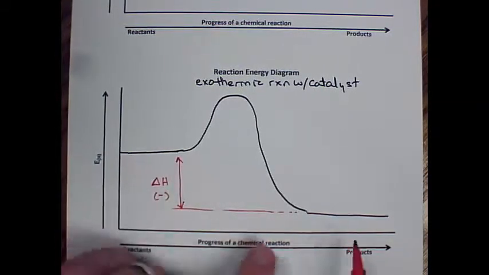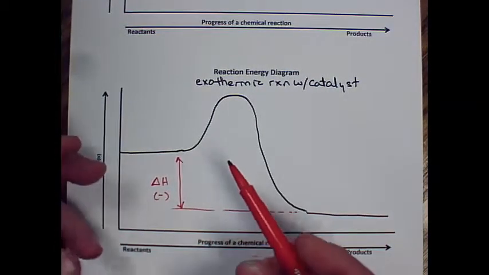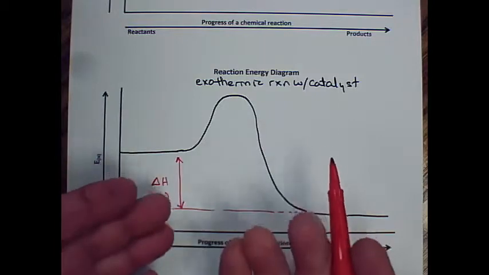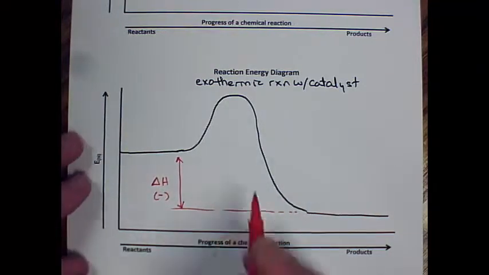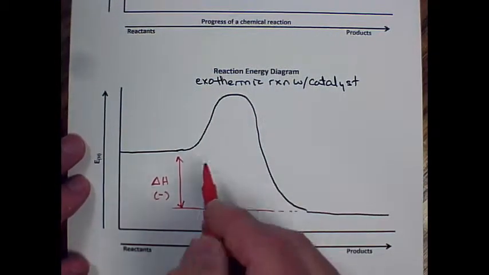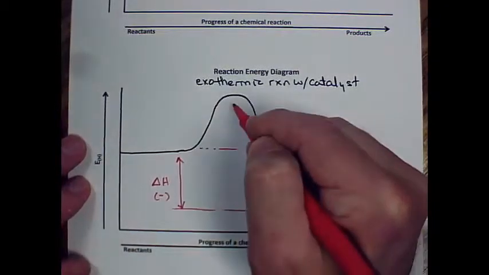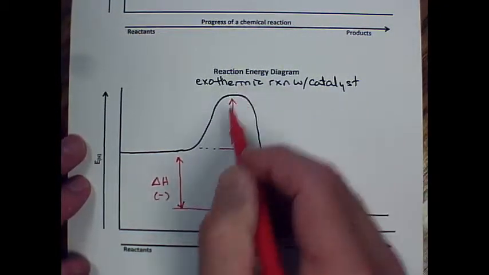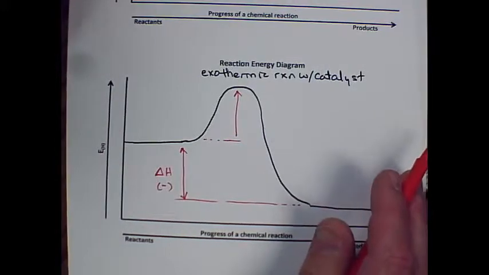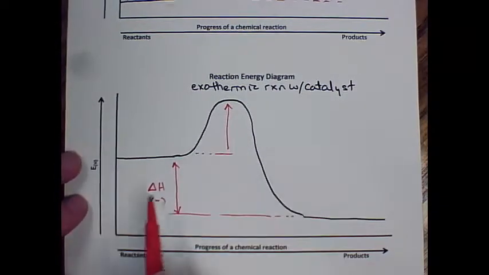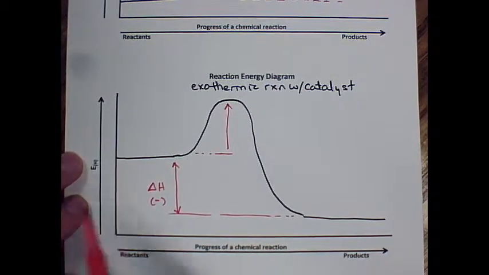There's more energy in the beginning, less in the ending, so energy is being transferred from this system to the surroundings. And this is the activation energy here, from whatever the starting amount of energy stored in the system is to the amount of energy needed to be added to the system to get the reaction started.